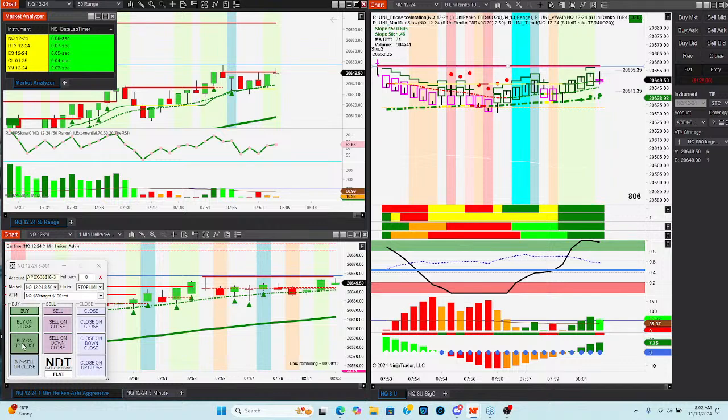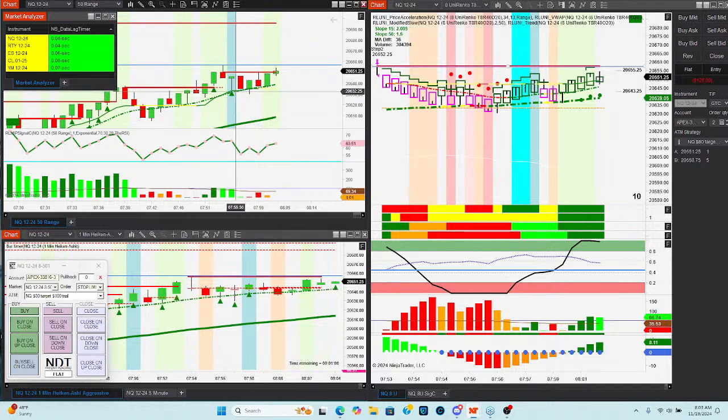I should have taken this trade. When you're trading real time, right on the edge of the chart, you have to see why certain things don't work and do work in real time.